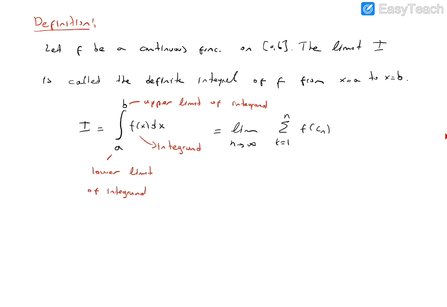Cn can be the left-hand point, right-hand point, midpoint, or any point in each subinterval, and delta x is b minus a over n. But we will not calculate the right side of this equation. We will calculate this limit to calculate the integral, with help from the indefinite integral.